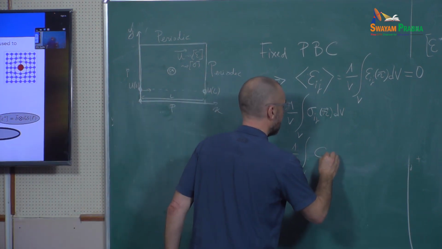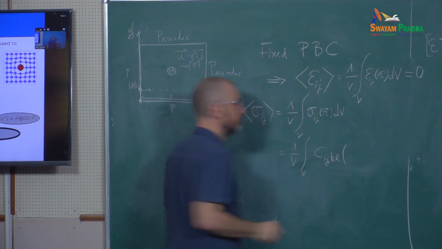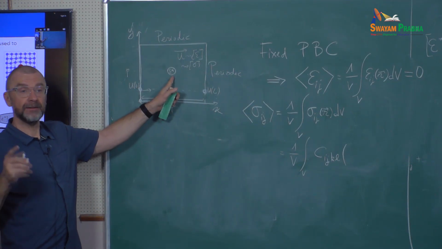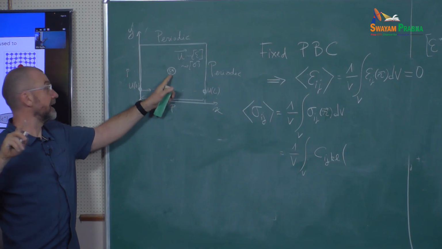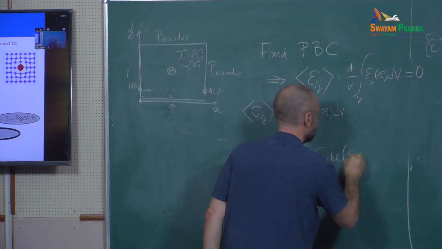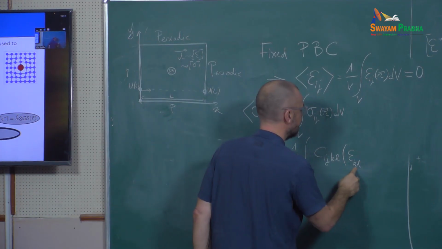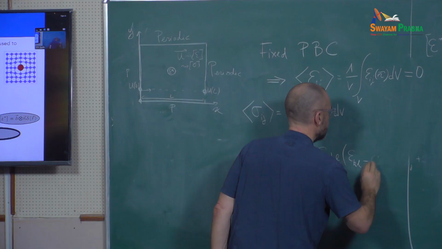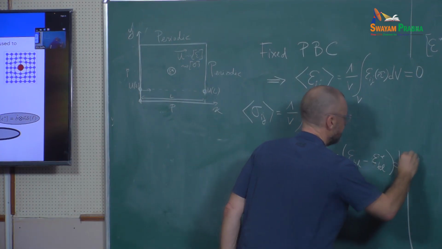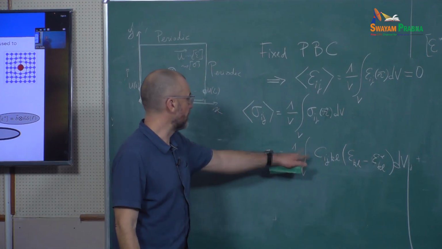It's C ijkl multiplied by the strain minus the eigenstrain, epsilon kl minus epsilon kl star, summed over k and l.